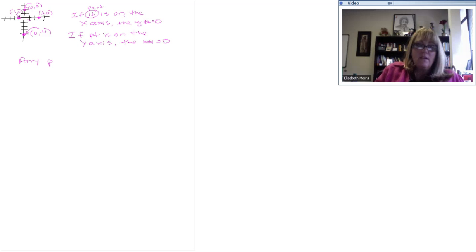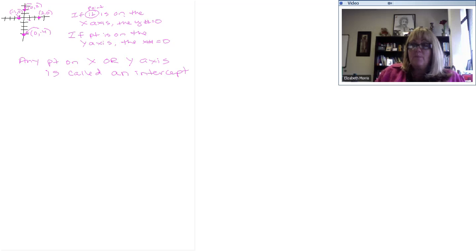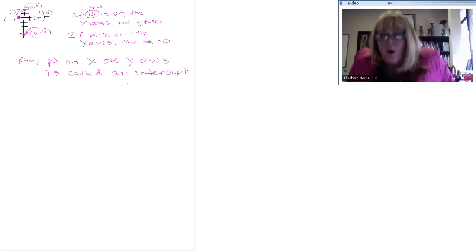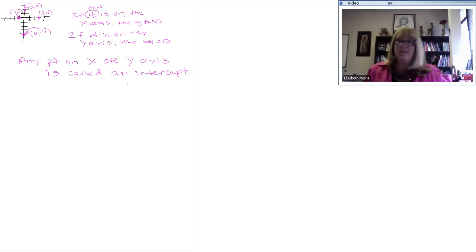Any point on the x or y-axis has a special name, and it is called an intercept. It's a point that is either an x-intercept on the x-axis or a y-intercept on the y-axis.